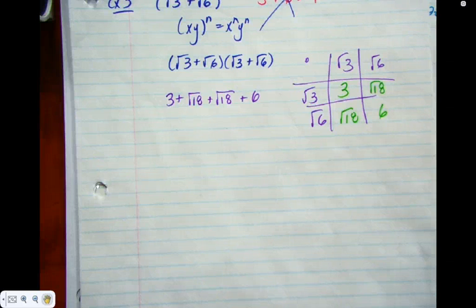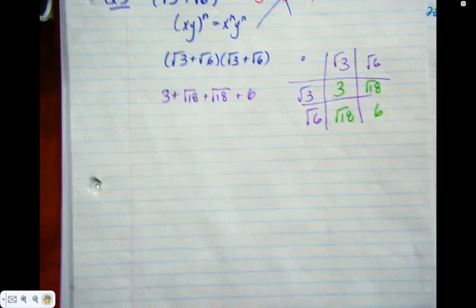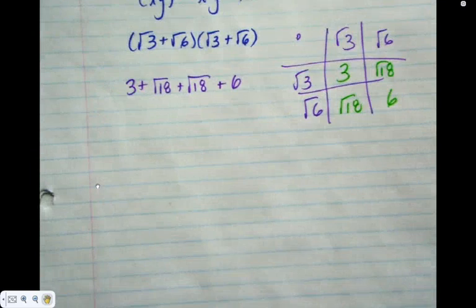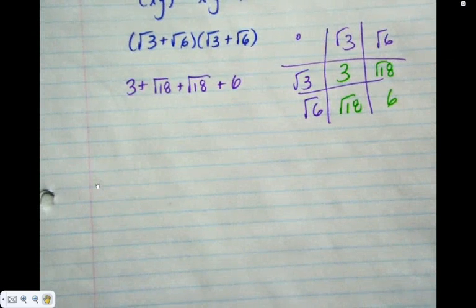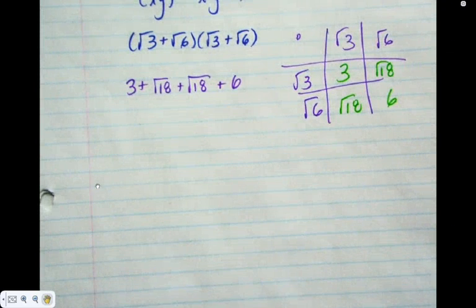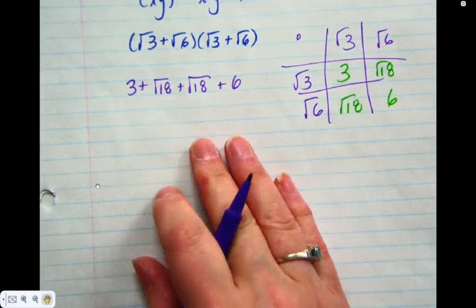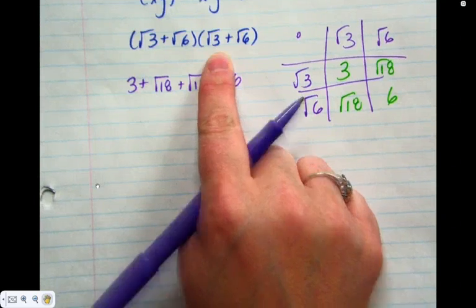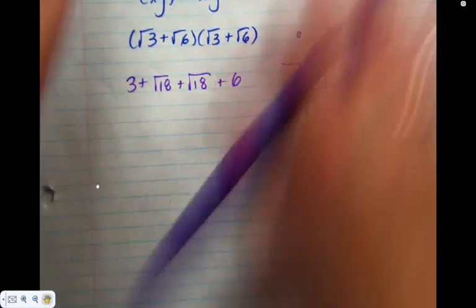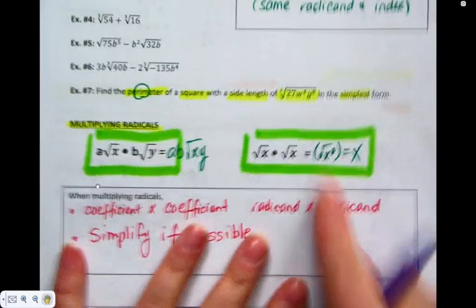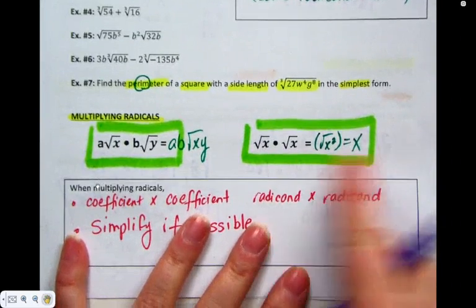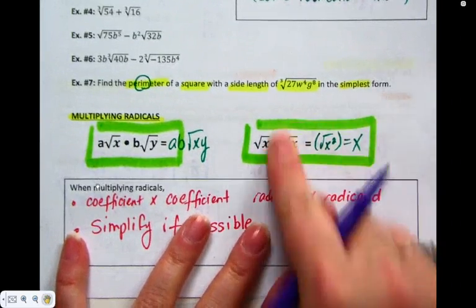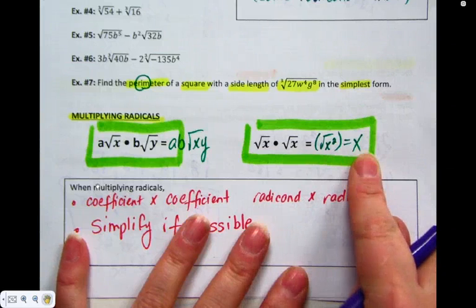So everyone should be on that step, however you chose to get there. Any question where any of those 4 terms came from? Right, any root times itself ends up being just 3.